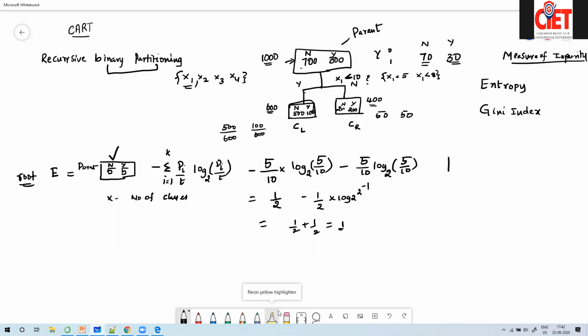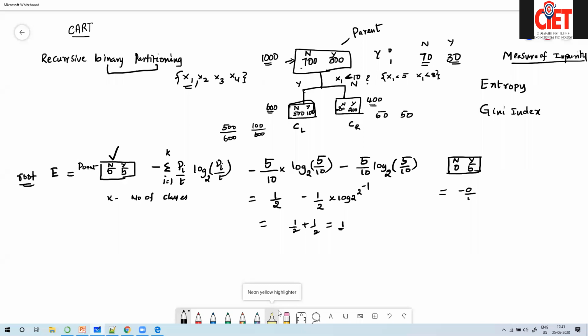If, let's say, the node is something like this, 0 and 5, 0 for no category and 5 for S, then all of them belong to the S category. So there are no observations for the no category at all. What would be the entropy of this?